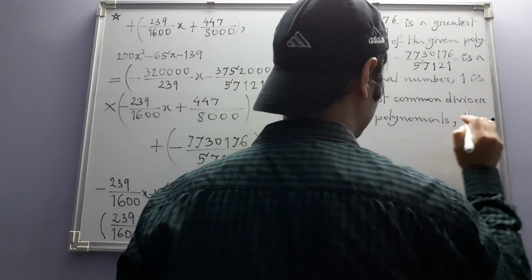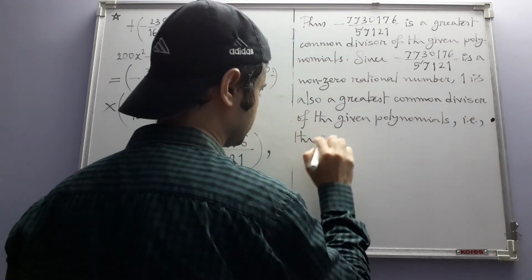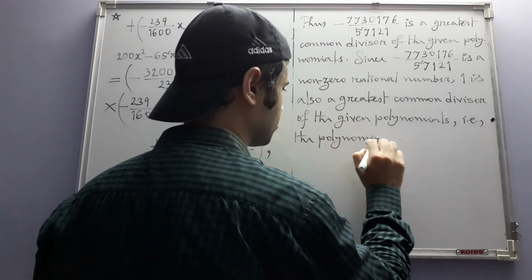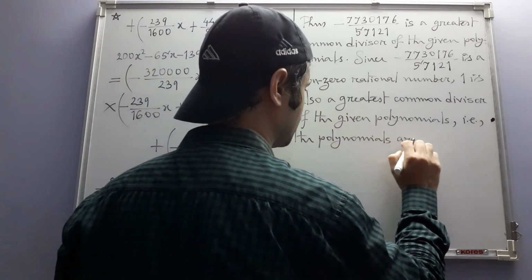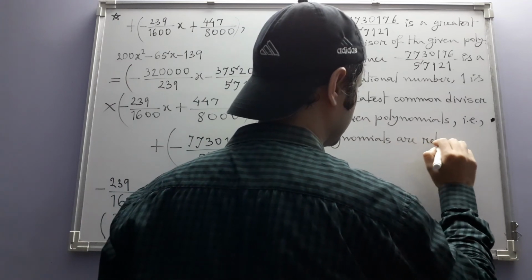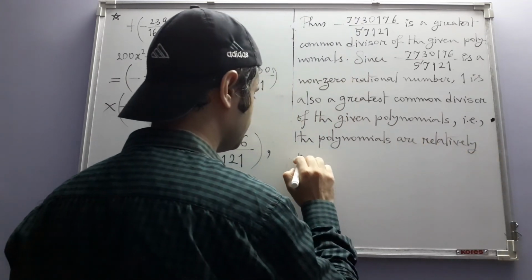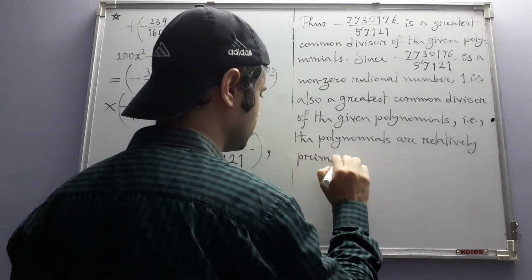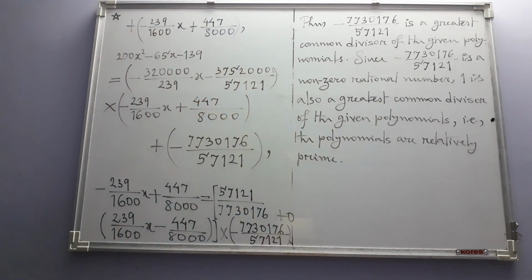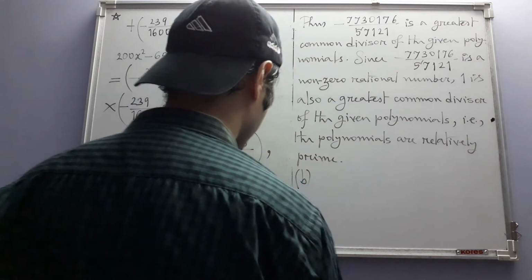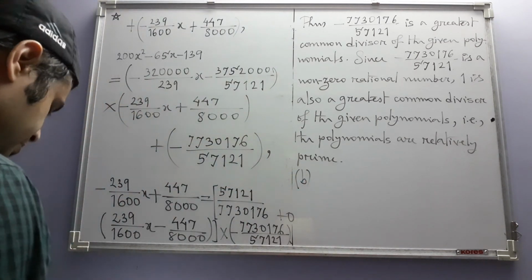That is, the polynomials are relatively prime. Okay, so this is the solution of part A, and part B is easy.